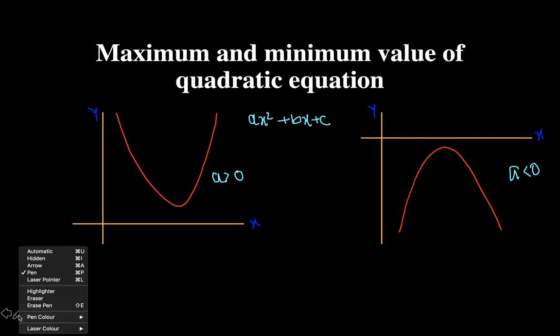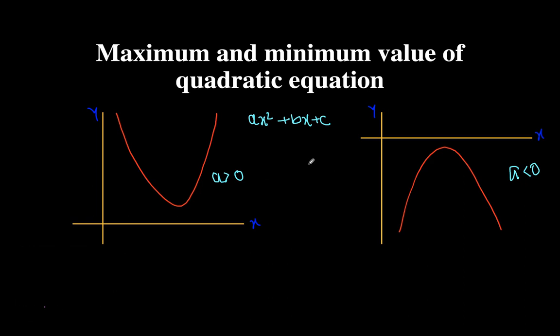So a is the coefficient of x square. Now, what is the maximum value of any quadratic equation? If we say that x belongs to a real number, then if your graph is upward, the maximum value is always plus infinity. This is your max value.